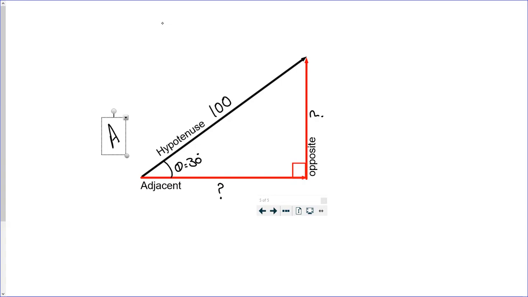Fatma, till then, can you write what formula you have used for the opposite and what formula you have used for the adjacent?